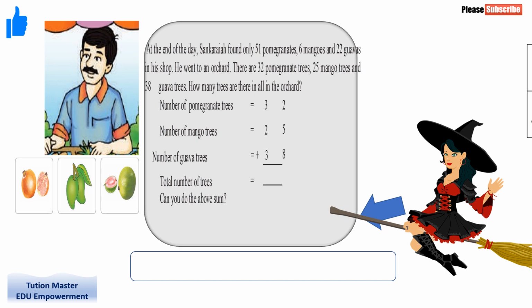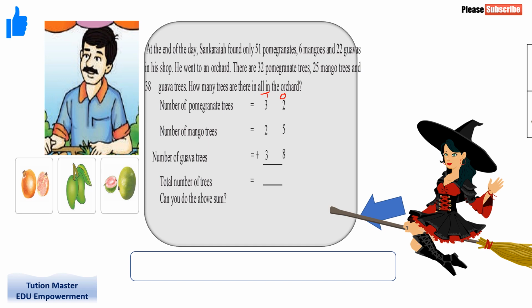So first of all, we should find out the number of trees. That is the question, right? So now the number of pomegranate trees is how much? 32. I told you, we have to segregate ones and tens. So now here, first, what is step one? I told you.